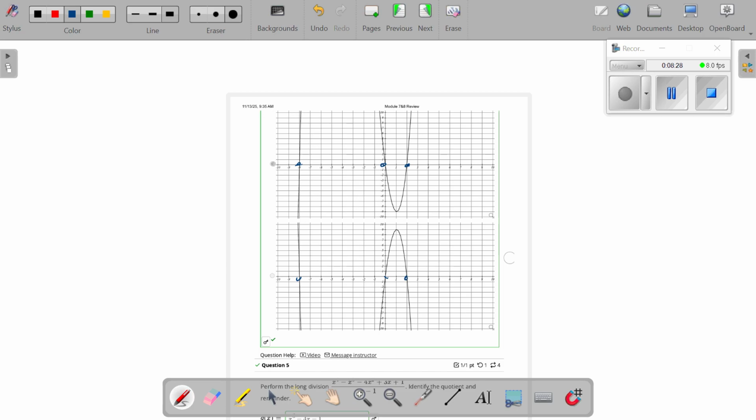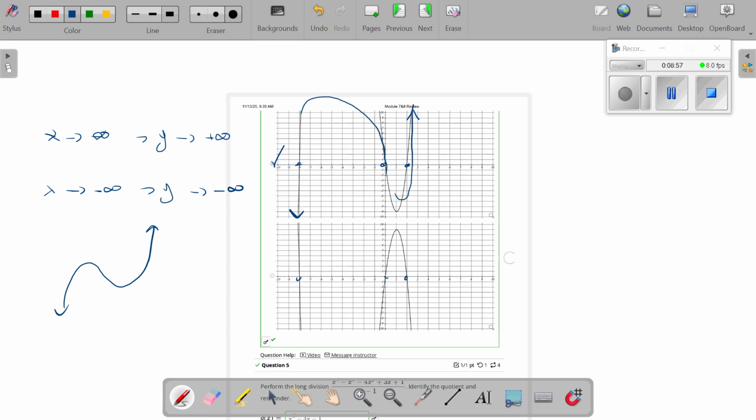However, this one will be the answer because we decided that when x goes to infinity, y goes to positive infinity. When x goes to negative infinity, y goes to negative infinity. That means the graph should look like this. And this is the one that tells me the function could be this way because it goes up, down, and then goes up again.